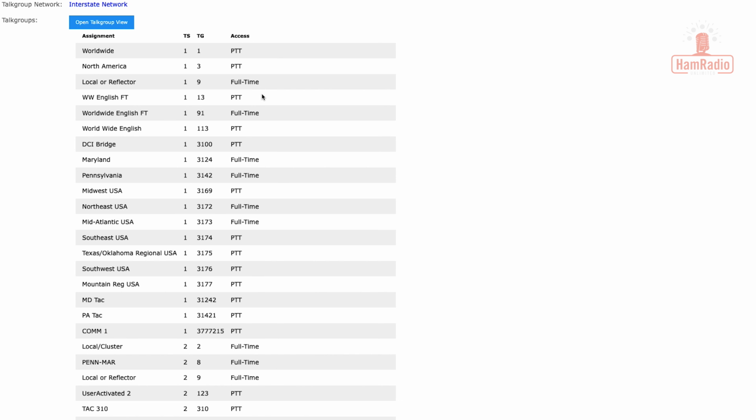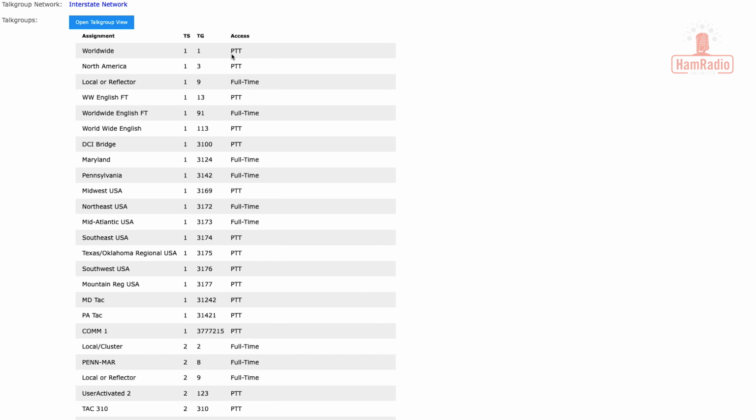But let's say you want to listen to worldwide talk group 1 on time slot 1. If you turn to that, unless somebody else has already done it, you would not hear anything. To activate that time slot, you have to kerchunk. So you have to key down and it would activate that time slot. What happens at that point is it links talk group 1 to this repeater on time slot 1.